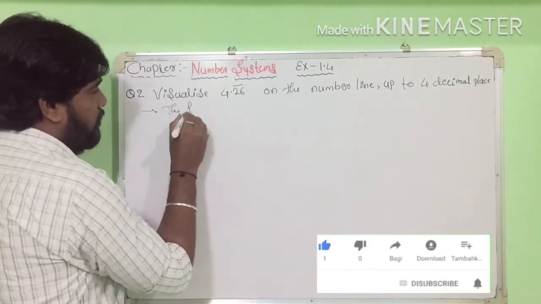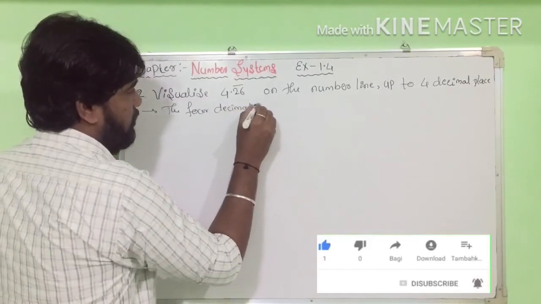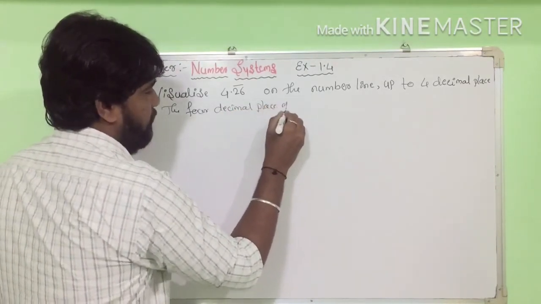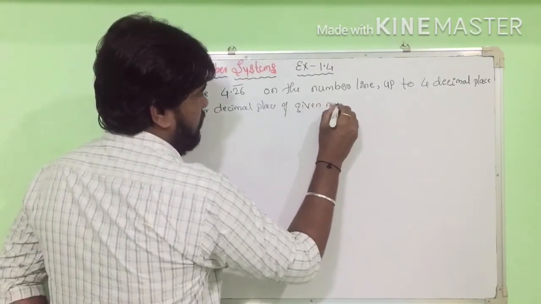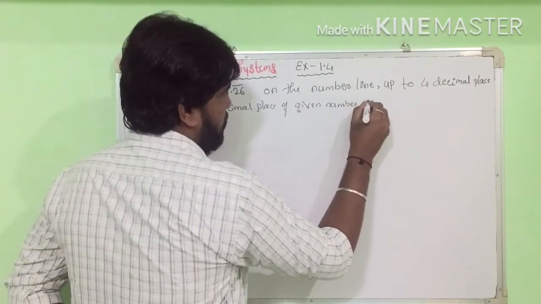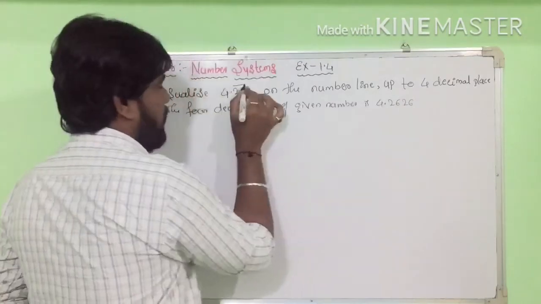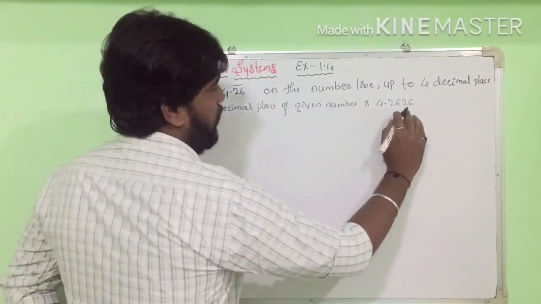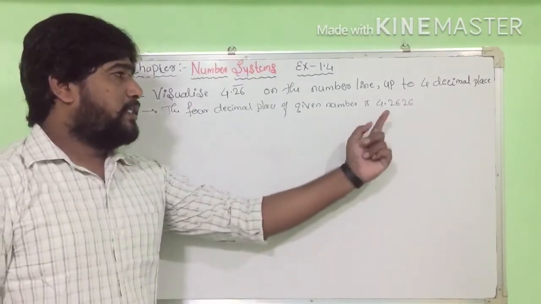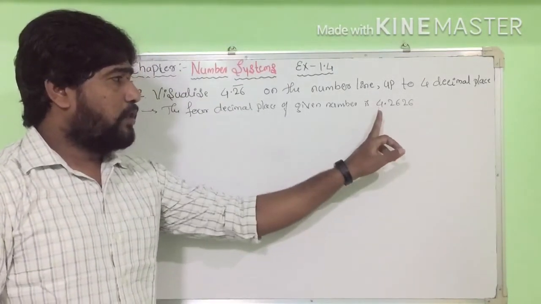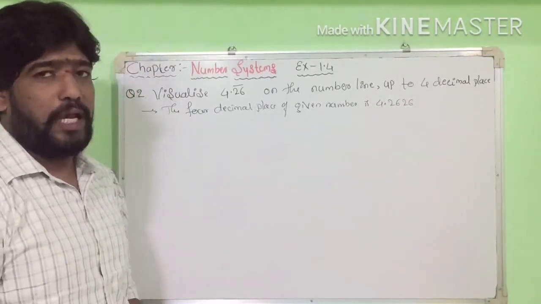The 4 decimal place form of the given number is 4.2626. It means the number is repeating. So 4 decimal places means 2626. And now this number lies between 4 and 5, because it is greater than 4 and less than 5.